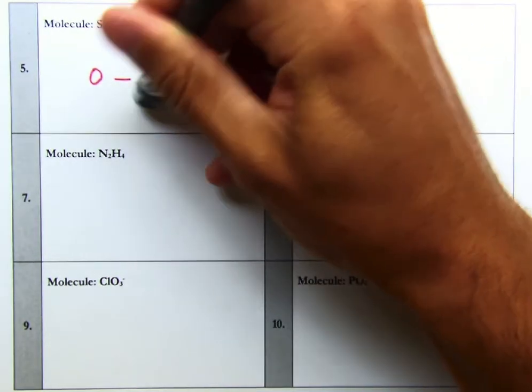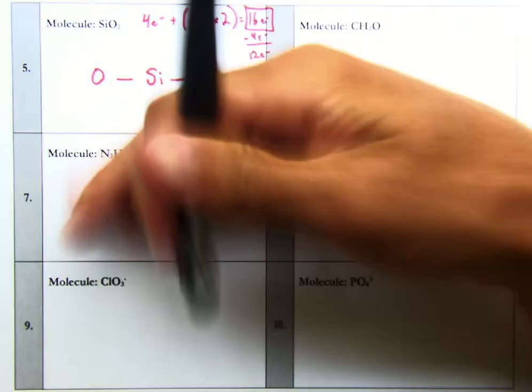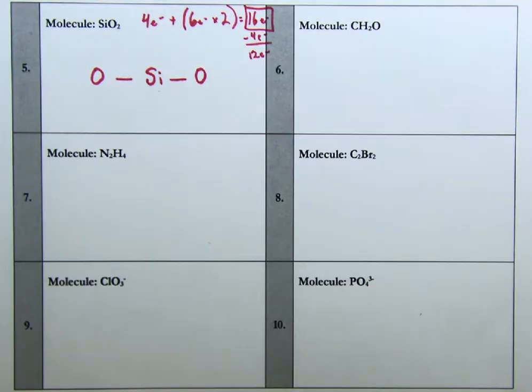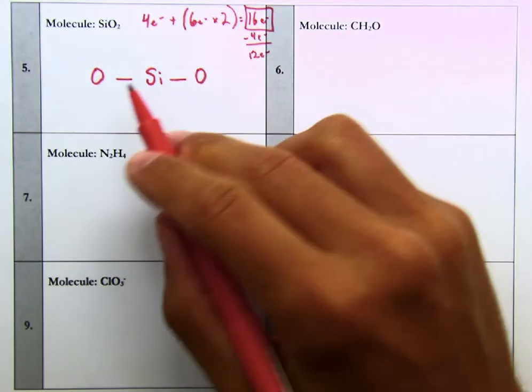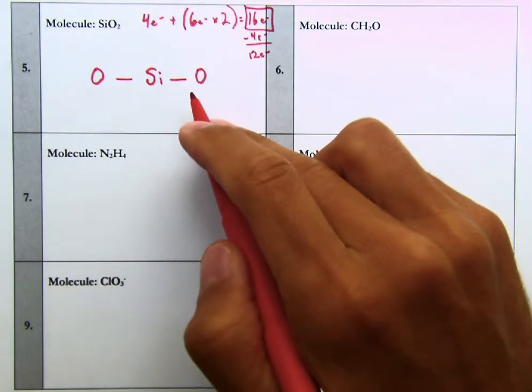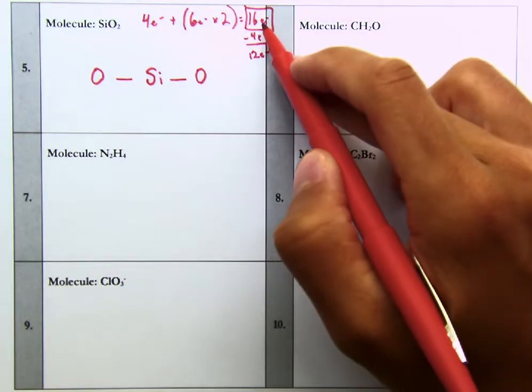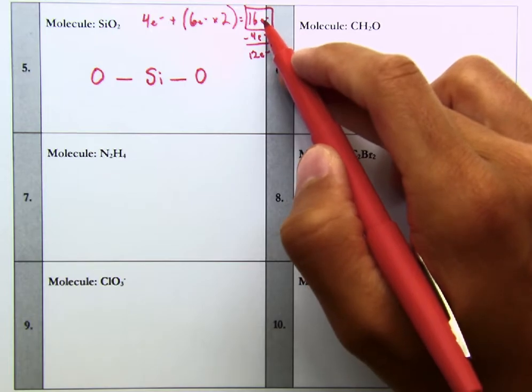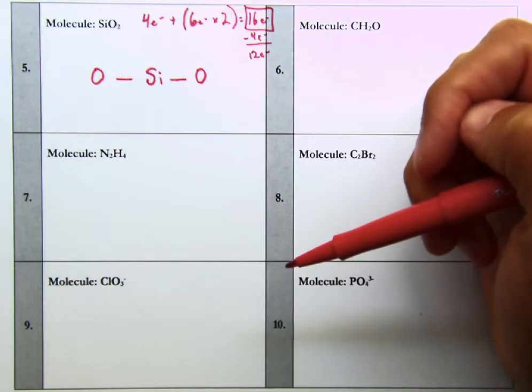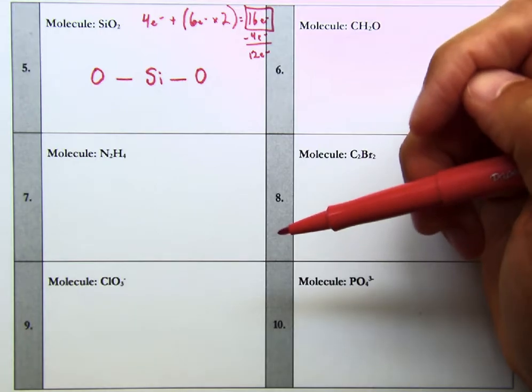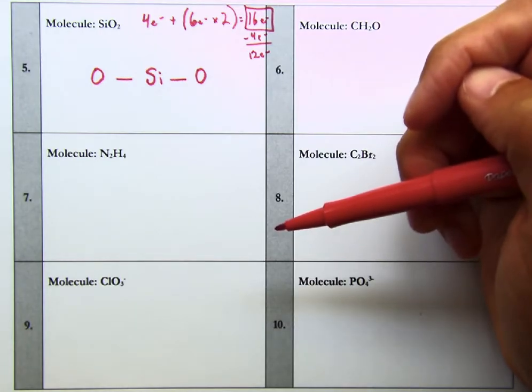Okay? If you get to a situation where you cannot form a valid Lewis structure, meaning all of your octets are fulfilled, and it has the correct total number of valence electrons using single bonds, that means you might need to use one or more double bonds.